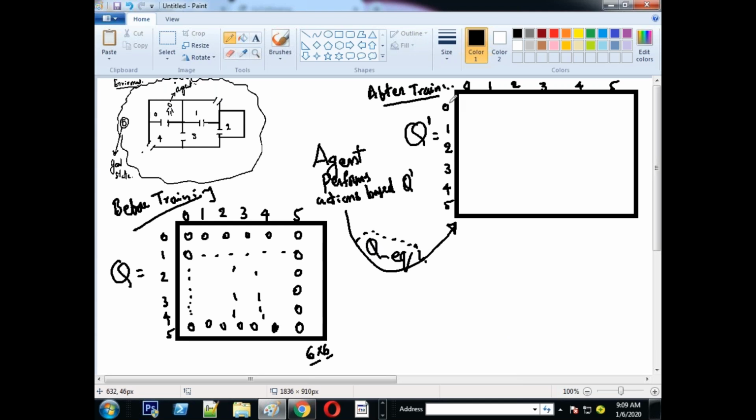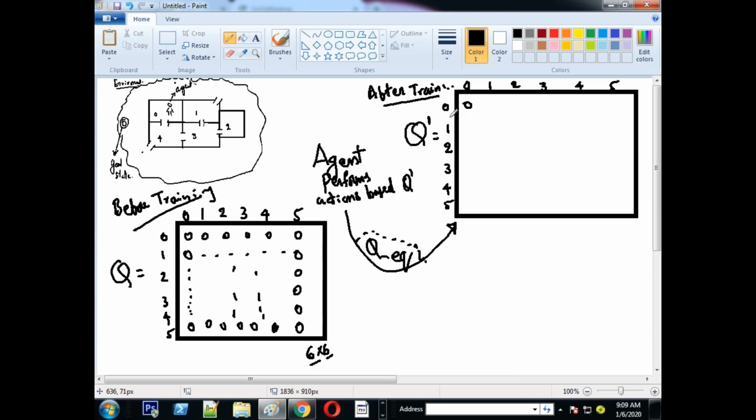0 to 0, I am keeping 0, because if you are in 0, you should not be in 0. That's why the Q value here is 0. It's not a reward, remember. In the previous environment matrix E, there are rewards. But here, these are Q values, that means knowledge values.